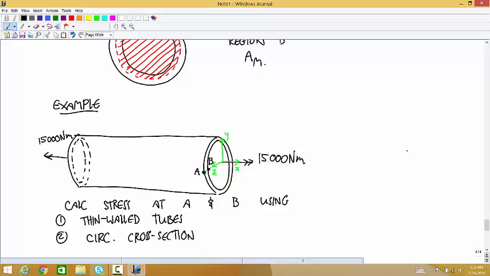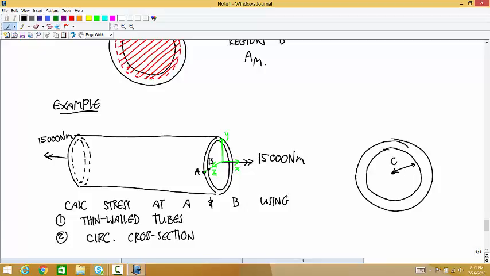And for the cross-section, let's say the inner radius is 0.35 meters. Wow, that's a big radius. And the outer radius is 0.4 meters. Okay, so first, does it meet that 10% thing?